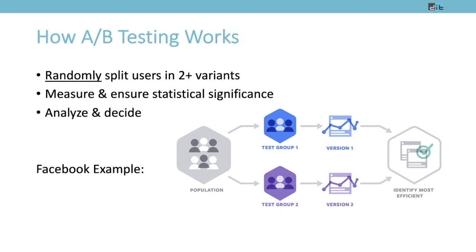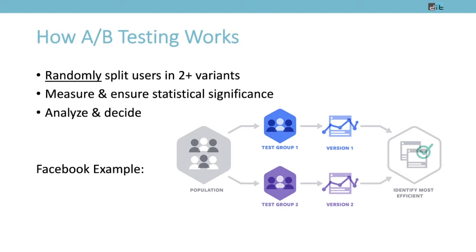It is important to do this randomly because if we don't, if for example we split based on location or based on some other metric, then we're going to get results that may not be representative of what is happening with this experiment.